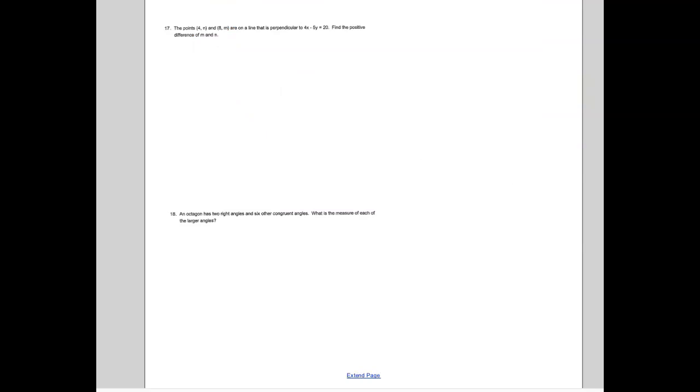All right, question 17. It says the points 4n and 8m are on a line that is perpendicular to 4x minus 5y equals 20. Find the positive difference between m and n. So let's start out looking at this line they're giving us. 4x minus 5y equals 20. Let's go ahead and figure out our slope because we want to be perpendicular to that. So to find slope, we need to solve for y.